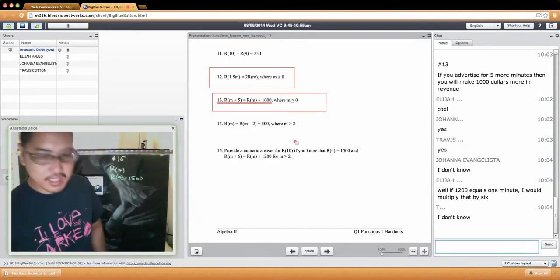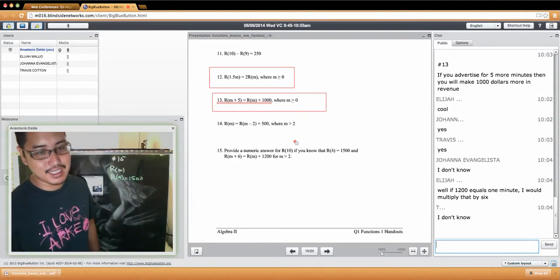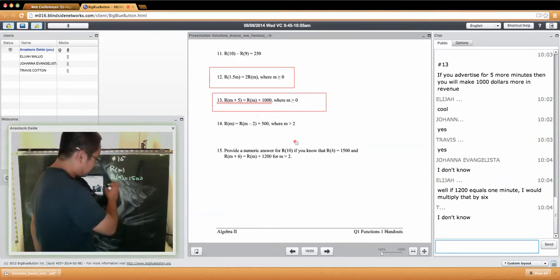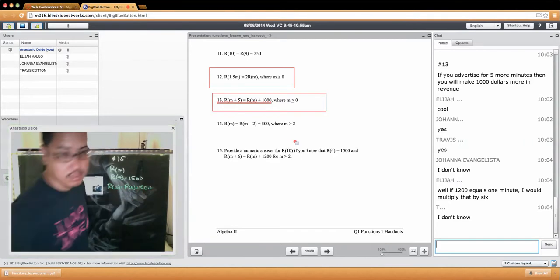So the way I would go about that is I would plug in 4 into that bottom equation and see what I get. That would give me R10 equals R4 plus 1200.